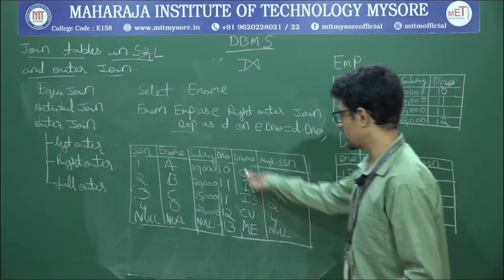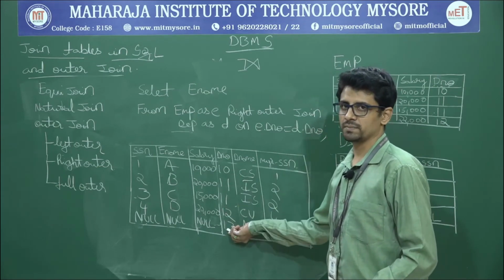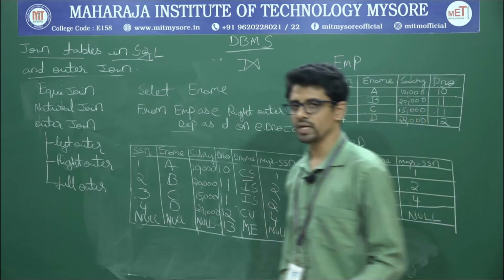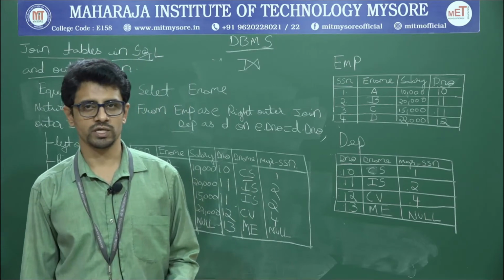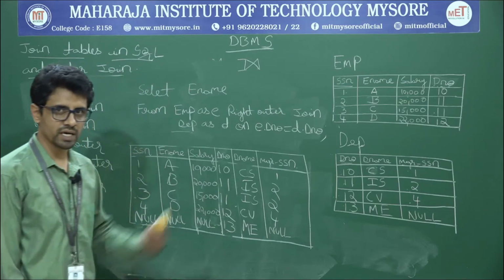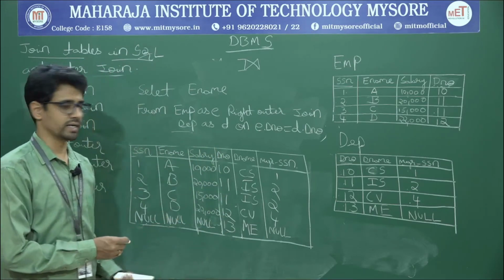So I have the list of all the departments 10, 11, 12 and 13, but not all have been assigned employees, though all are actually departments. This is how such questions can be framed using the left outer join and right outer join. Anyhow, we have already seen this in relational algebra. I just thought of going through the syntax that you wanted to understand.